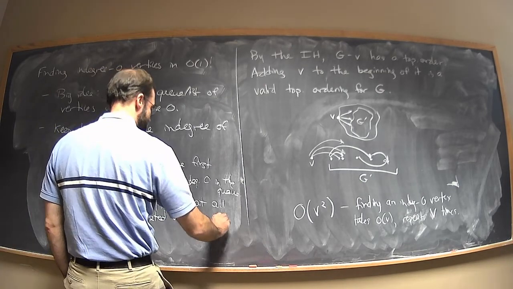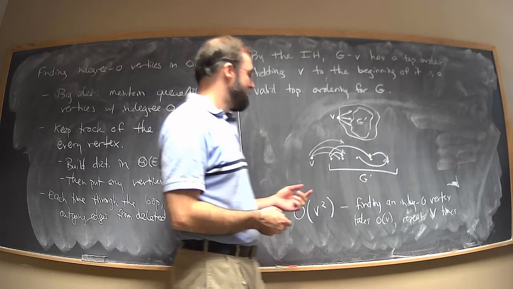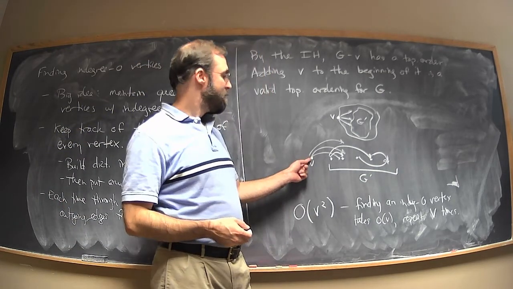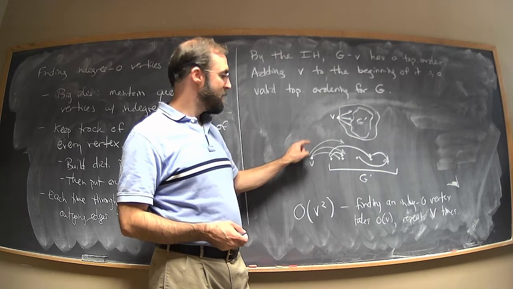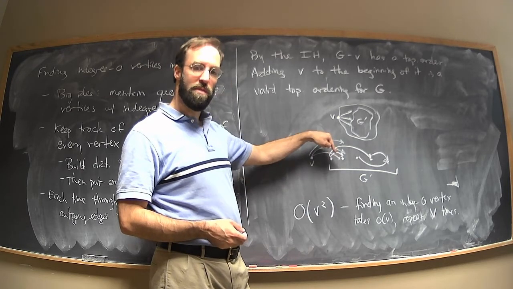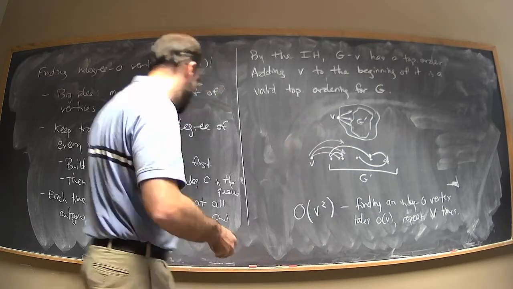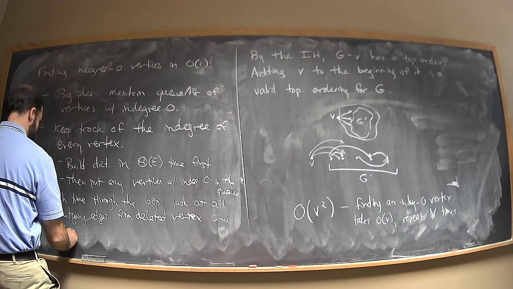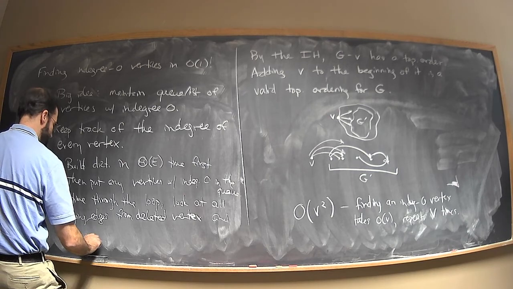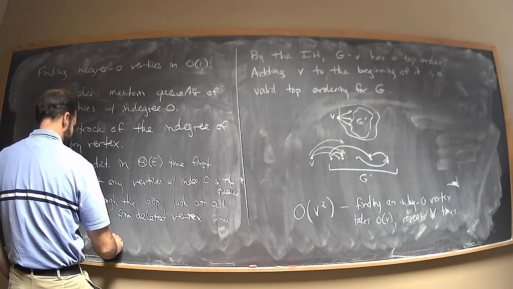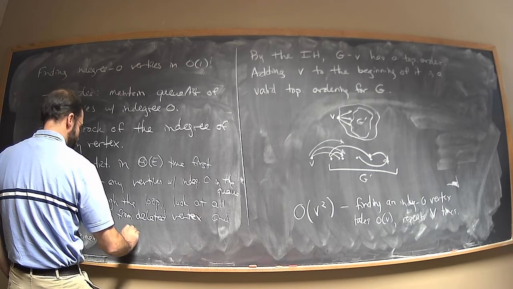When I delete a vertex, I'm deleting all the edges going out of it too. So I need to decrement the in degrees of all those neighbor vertices, because they now have one less edge coming in.